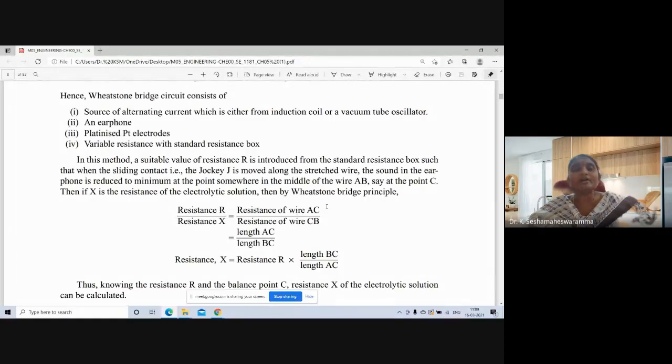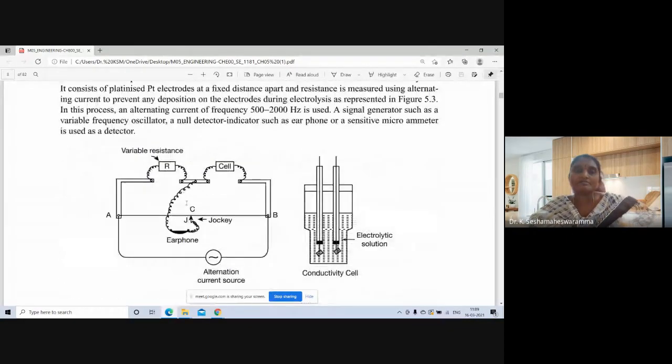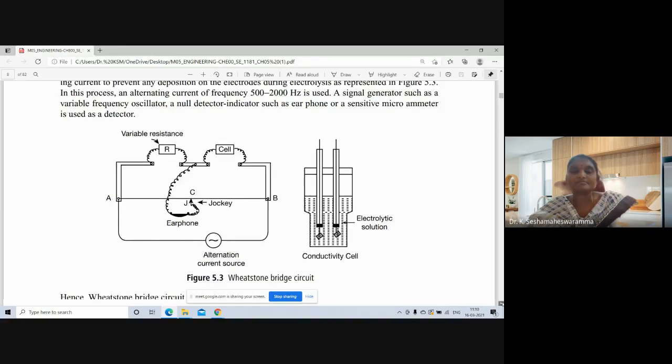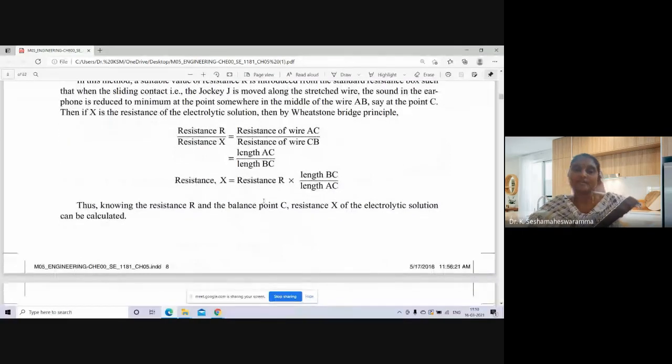is equal to the resistance of wire AC by the resistance of wire CB. This is the total wire AB, divided into AC and CB. The remaining is from the variable resistance. So resistance R by resistance X is equal to resistance of wire AC by resistance of wire CB, which is equal to length AC by length BC.